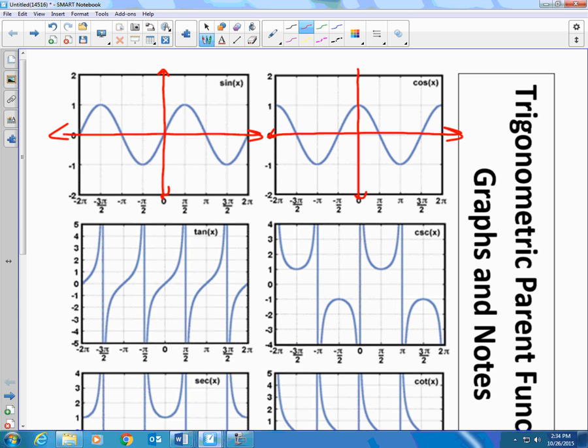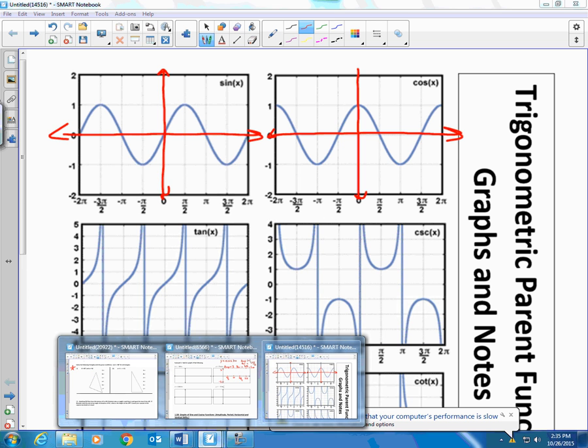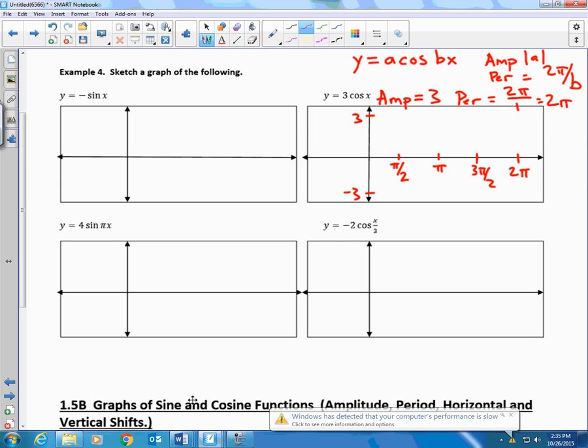Cosine starts at, here's another way to think of it, cosine won't necessarily start at 1. It will start at the maximum value. So since it's 3 times cosine, or 3 times 1, it will start all the way up at a value of 3. So cosine starts all the way up here, up at 3.